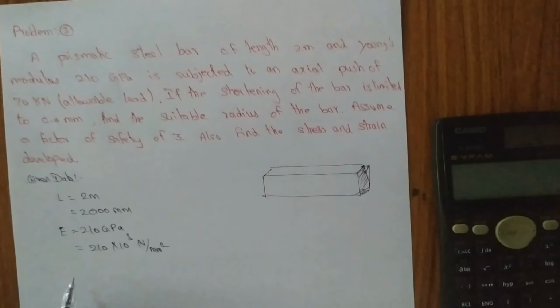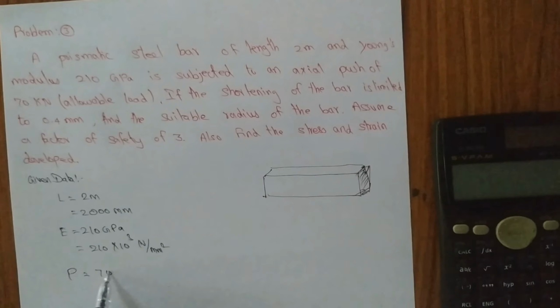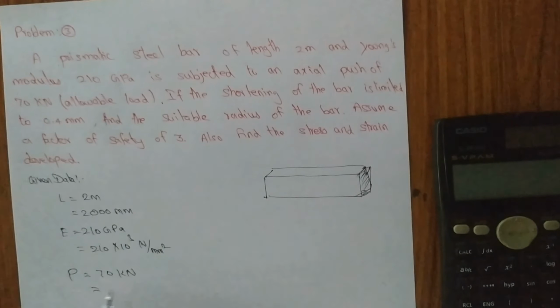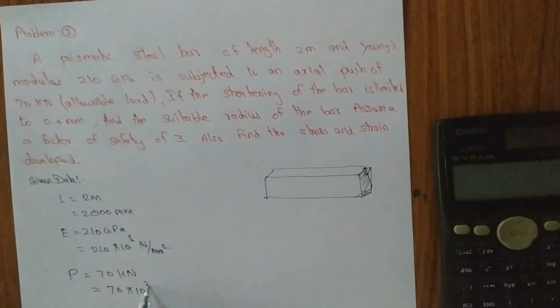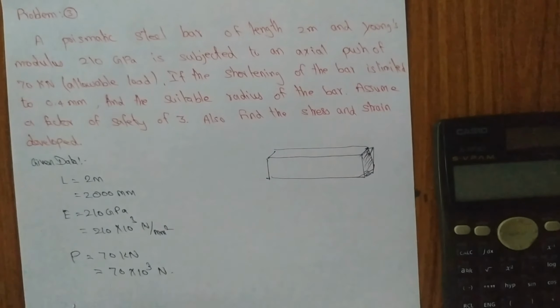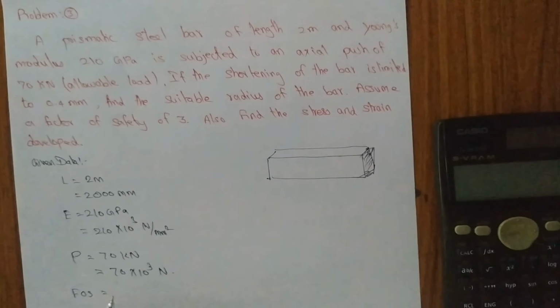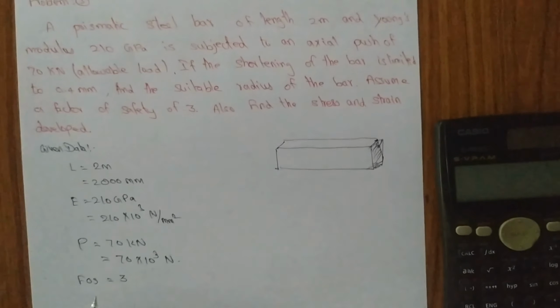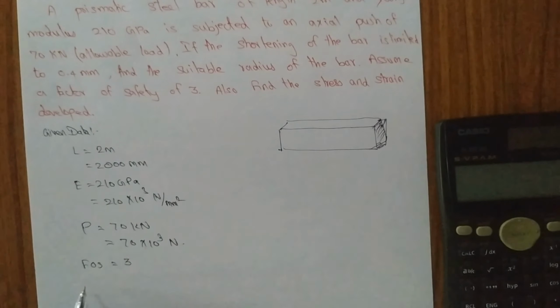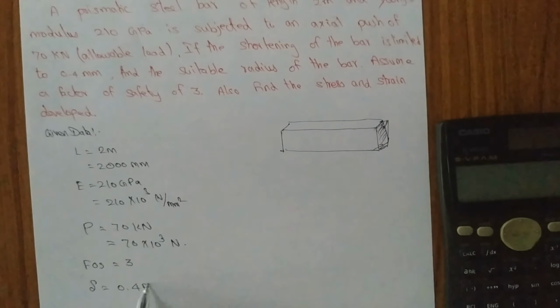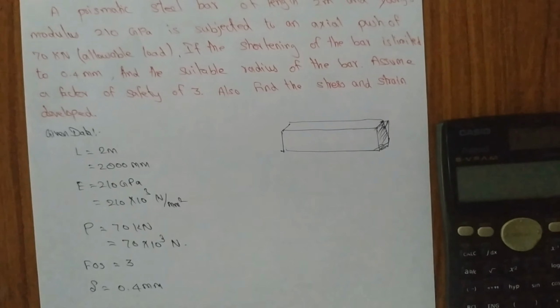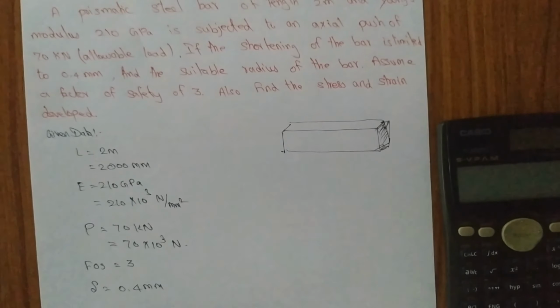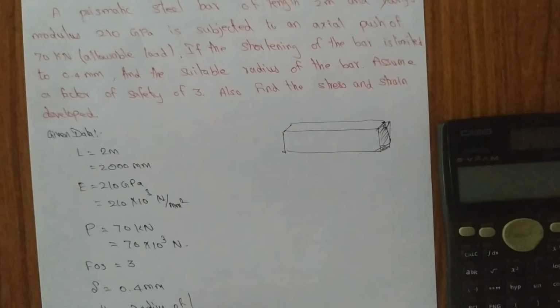And the load is 70 kilonewton, which we change to 70 into 10 to the power of 3 Newton. Another thing is the factor of safety, which is equal to 3. The shortening of the length is limited, that means the change in length is 0.4 mm. We need to find the radius of the bar.